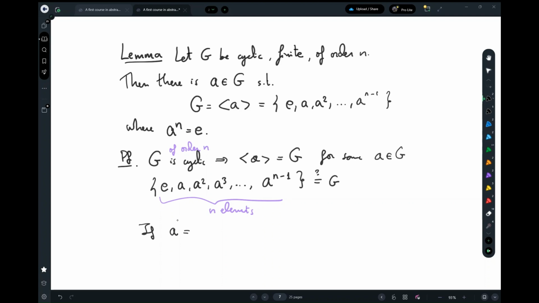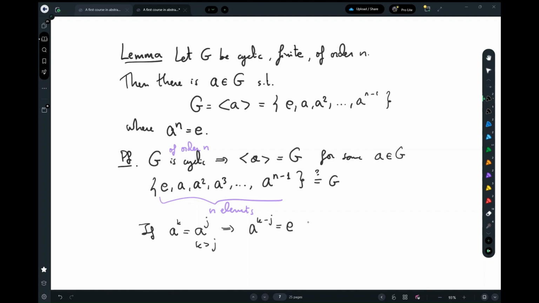Some a to the k is the same as a to the j, for let's say some k bigger than j. But then that means that a to the k minus j is the identity. If I multiply by the multiplicative inverse of a to the j, I get that a to the k minus j is equal to e.